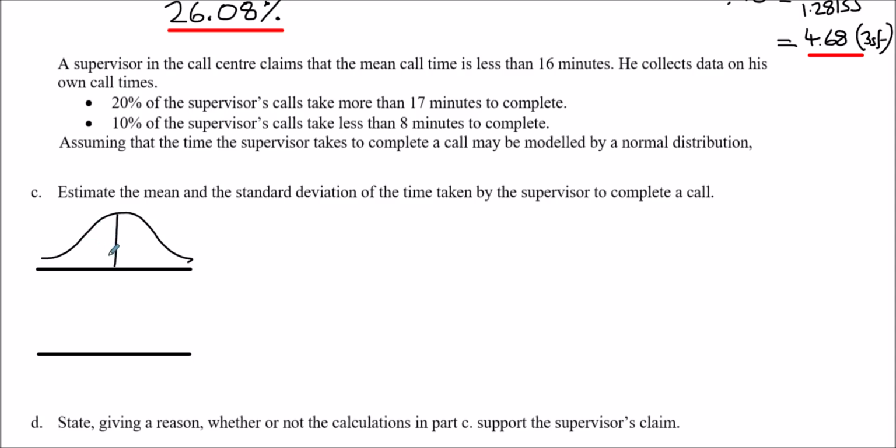So here's his mean, because we're working out the mean of the supervisor, not of anything else. We're told that 20% of his calls take more than 17 minutes. So if that's mu, this is 17, then up at this end here is 20% of the curve. So that proportion's 20%, 0.20.